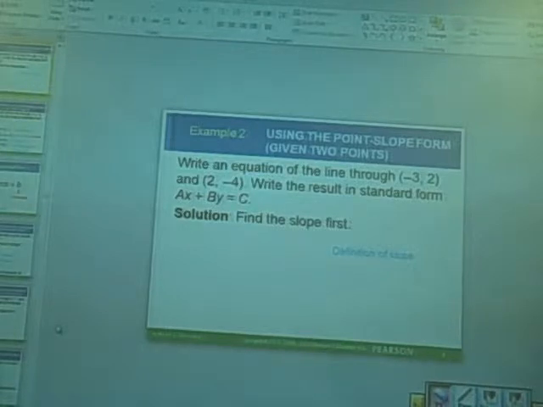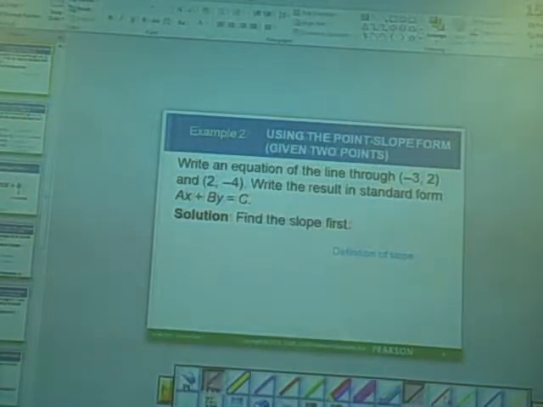Okay, write an equation of the line given -3, 2 and 2, -4. Okay, so here's your x1, y1, and this would be x2, y2.